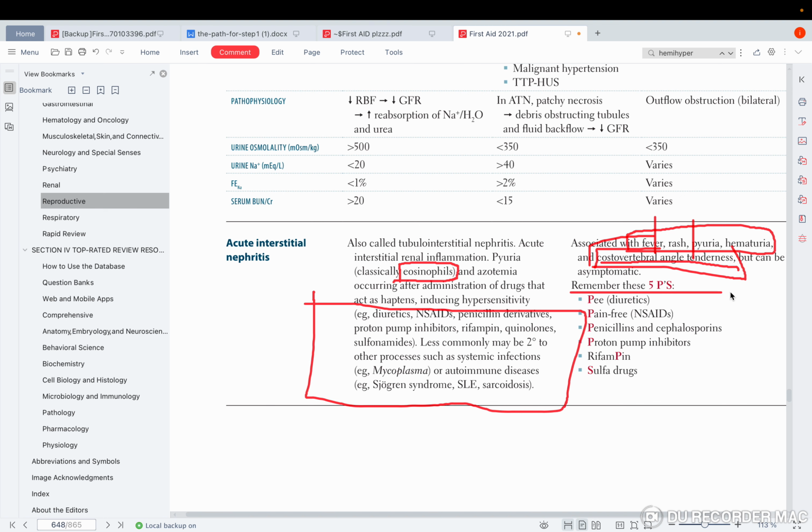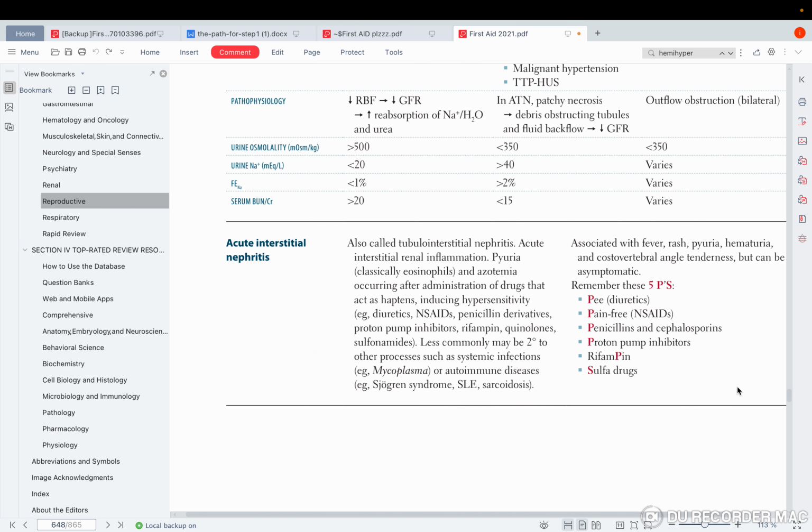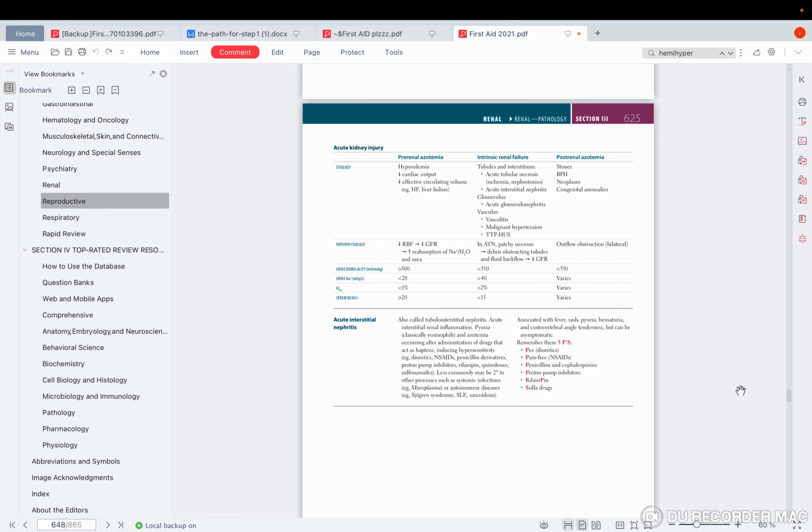So remember the 5 P's. P, which is diuretics, pain-free, NSAIDs, penicillin and cephalosporin, proton pump inhibitors, rifampin, and sulfa drugs. Add allopurinol, which is an anti-gout drug. Well, if we speak about acute interstitial nephritis, is it a form of pre-renal azotemia, intrinsic renal failure, or post-renal azotemia, guys?